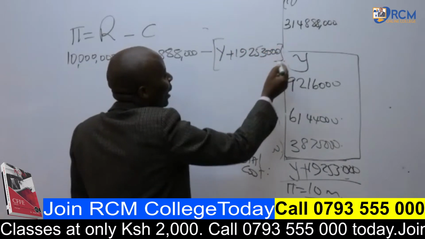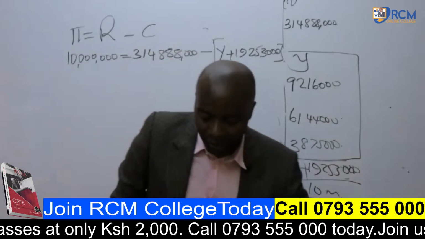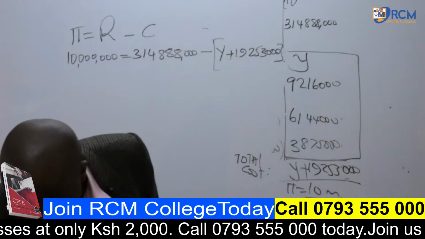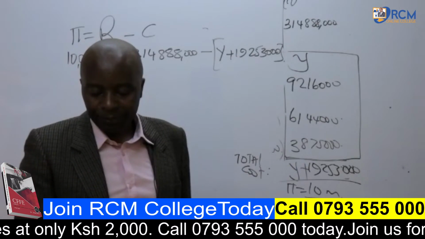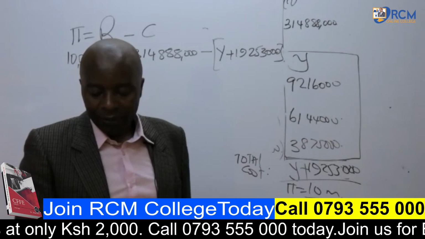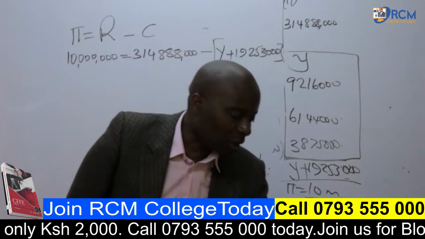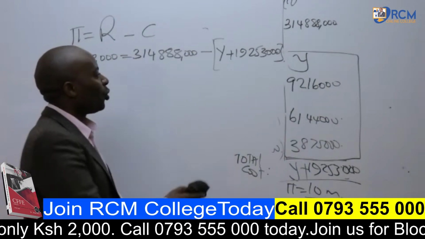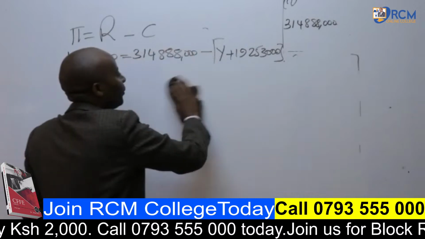So your work today will be to make y the subject of the formula. The moment you make y the subject of the formula, then straight away, ladies and gentlemen, you will have finished the entire thing.